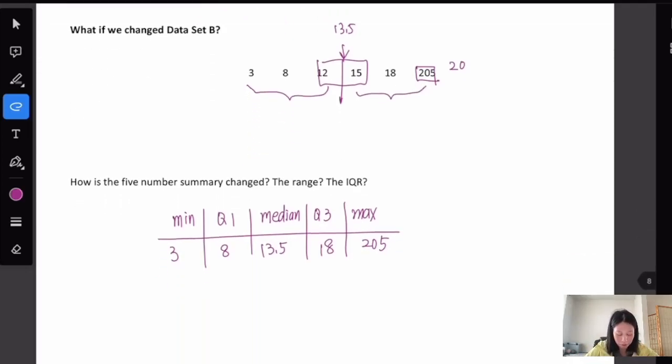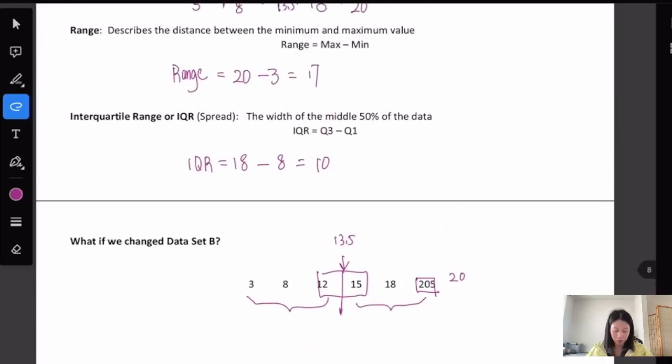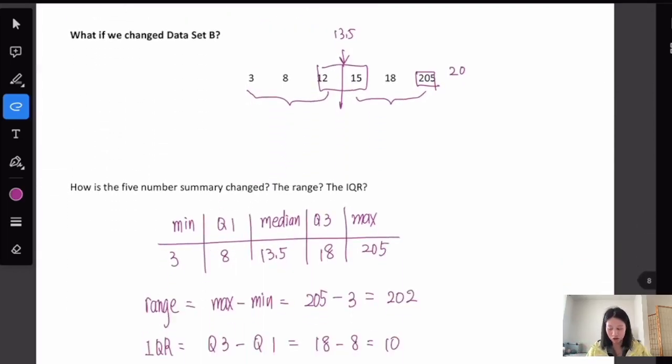Okay. So the range is going to be the maximum subtract the minimum, which is 205 subtract 3, you have 202. Interquartile range is Q3 minus Q1. Q3 is 18, Q1 is 8, which is equal to 10. So how does this work? Well, if you compare it to earlier, we notice that the range changed, but the interquartile range didn't change.